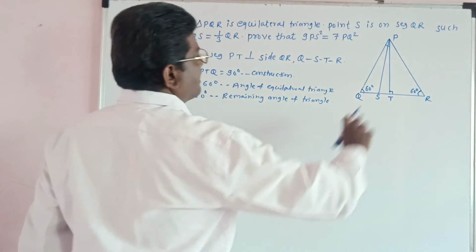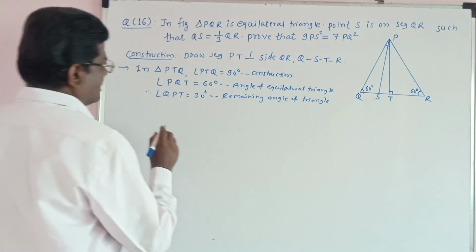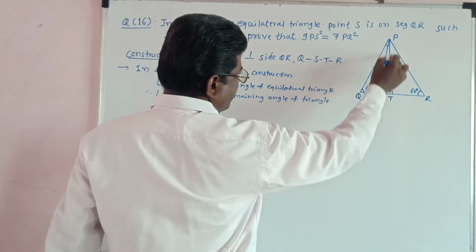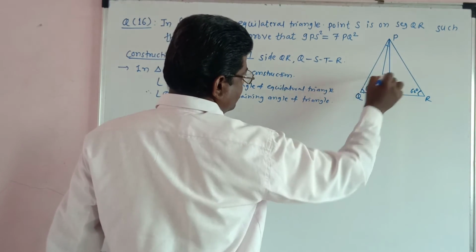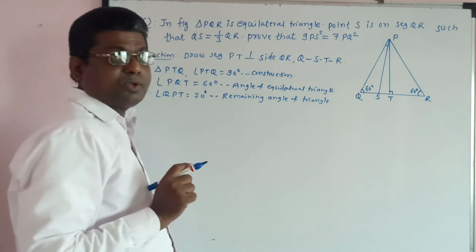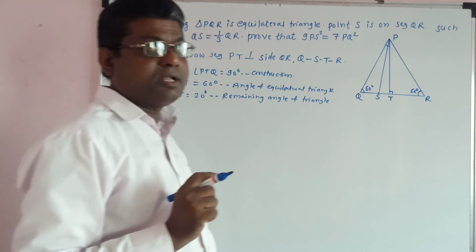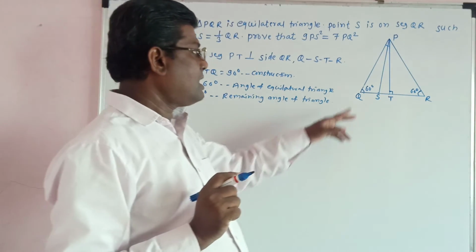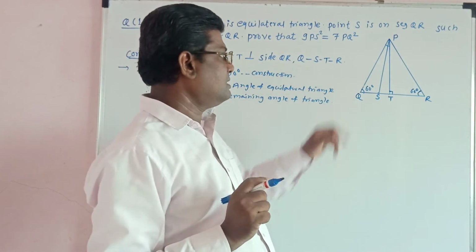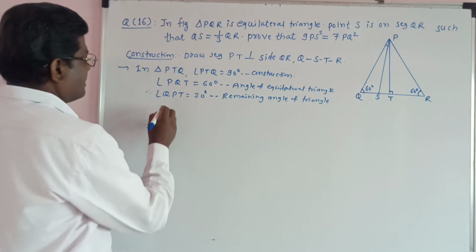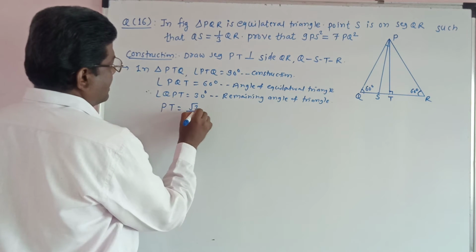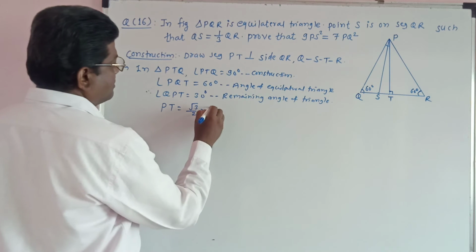So we can find the value of PT. PT is the side opposite to 60 degree. We know that the side opposite to 60 degree is root 3 upon 2 times the hypotenuse. Here the hypotenuse is PQ. Therefore PT is equal to root 3 upon 2 into PQ.